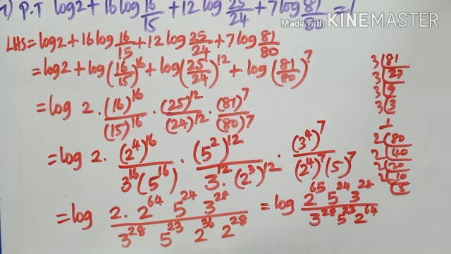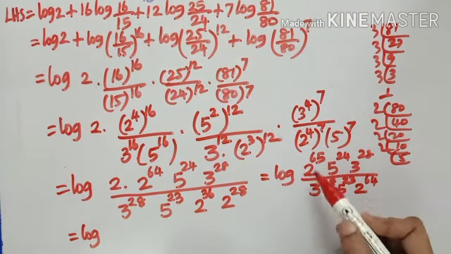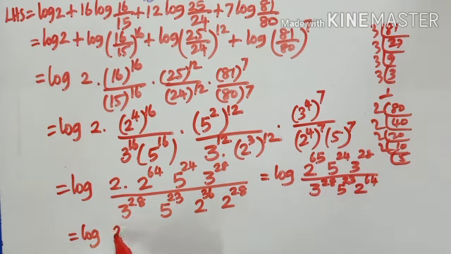As we cancel, it reduces to log of 2 power 65 by 2 power 64. As we cancel, it is 2 power 1. 3 power 28 gets cancelled. 5 power 24 by 5 power 23, it is 5 power 1.